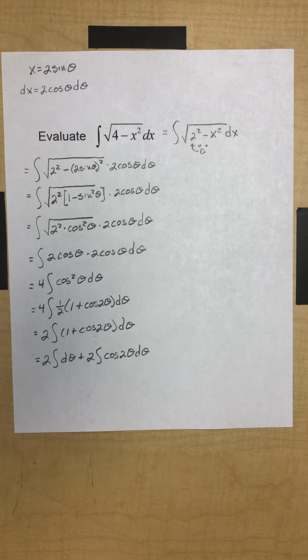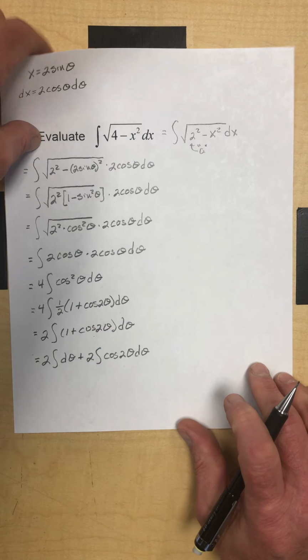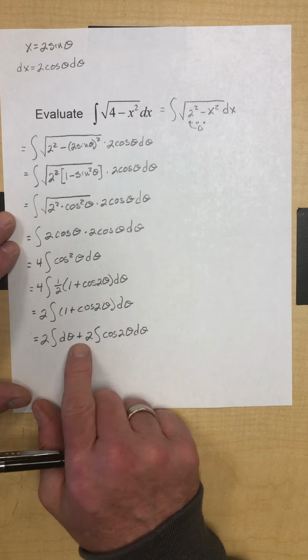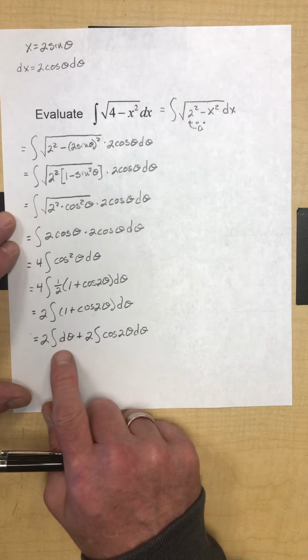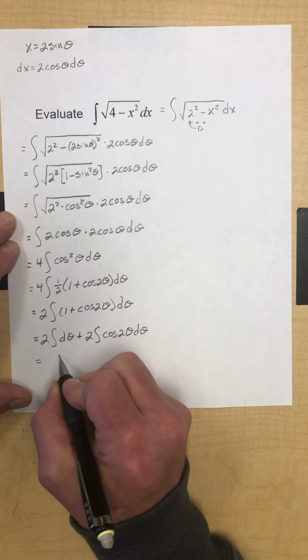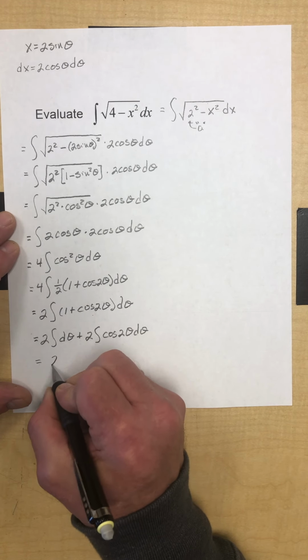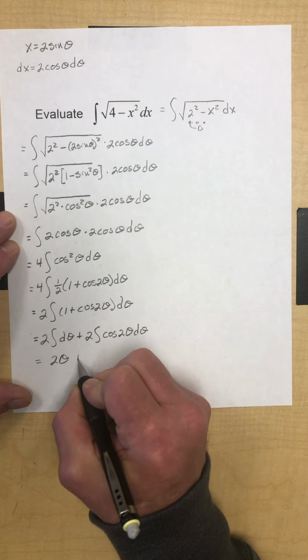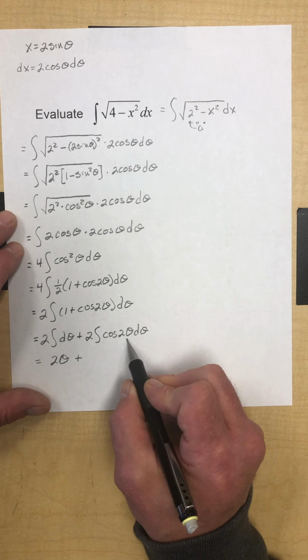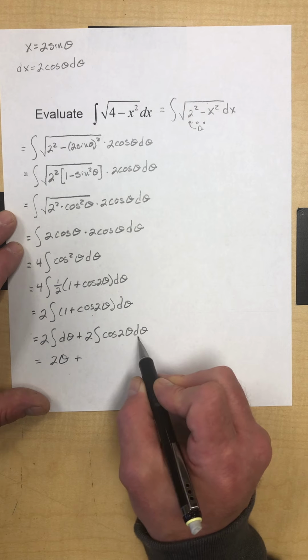We get to this point right here, and this would be like 2 times the integral of dx, so we know we're just going to get x. In this case, rather than x, you get theta. So this is just 2 times theta plus, but this one is not cosine theta, it's cosine of 2 theta.